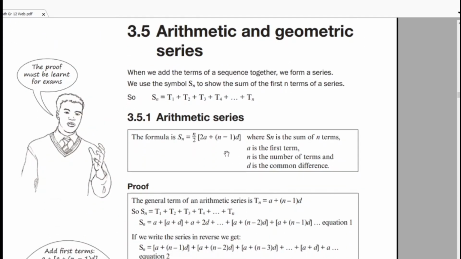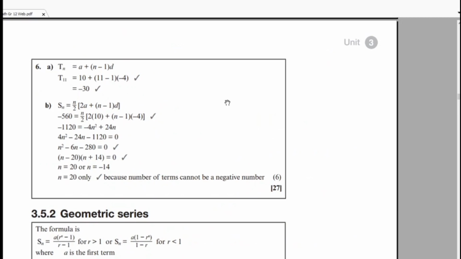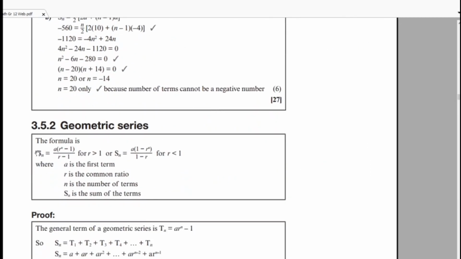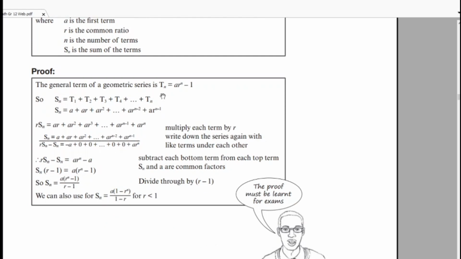So this proof here, for Sn equals n over 2 times 2a plus n minus 1 times d, and the proof for the geometric formula, these two you need for your exams. So we can discuss the proofs in a separate video, but first tell me if you don't understand this proof and where you are stuck.